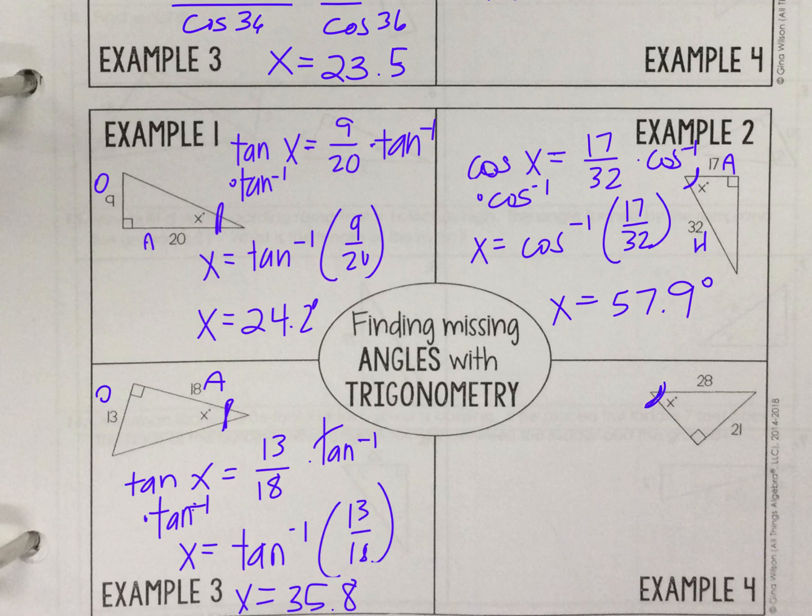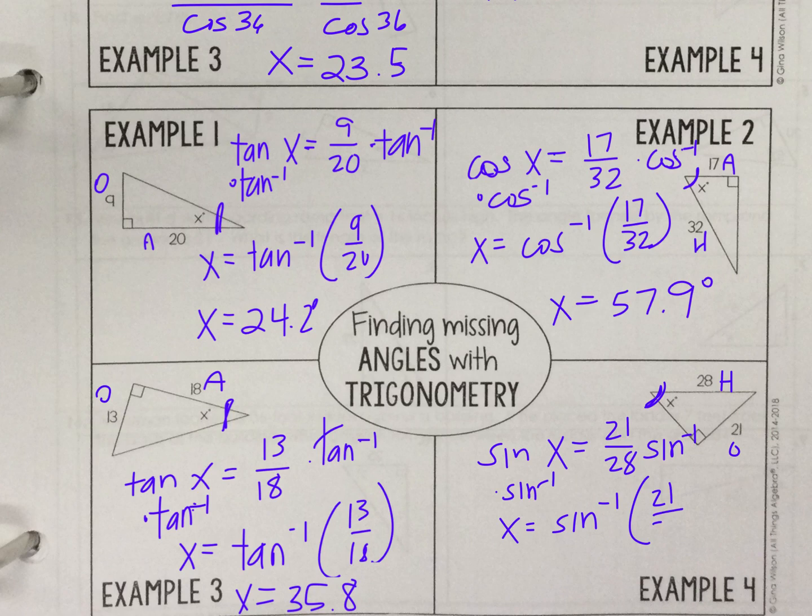Last one, this would be opposite and hypotenuse. So the sine of x equals opposite over hypotenuse. We're going to multiply that by the inverse sine. When I type that in my calculator, I end up with 48.6.